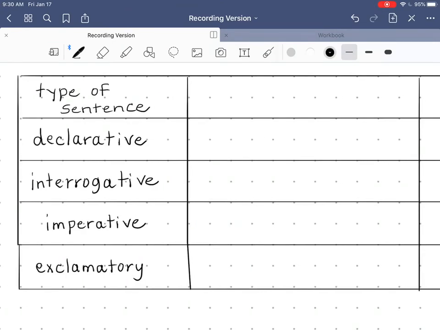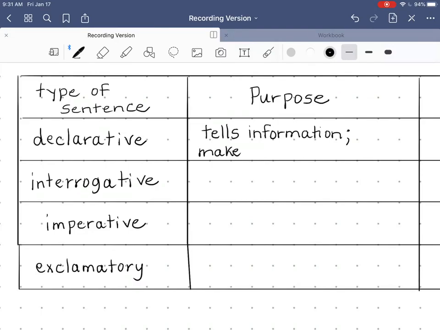So what's the purpose of each one of these? Let's define them so we understand what a declarative sentence does. A declarative sentence tells information. It makes a statement. And when I learned these in school, I learned to call it a statement. I didn't know about the word declarative until I was much older.